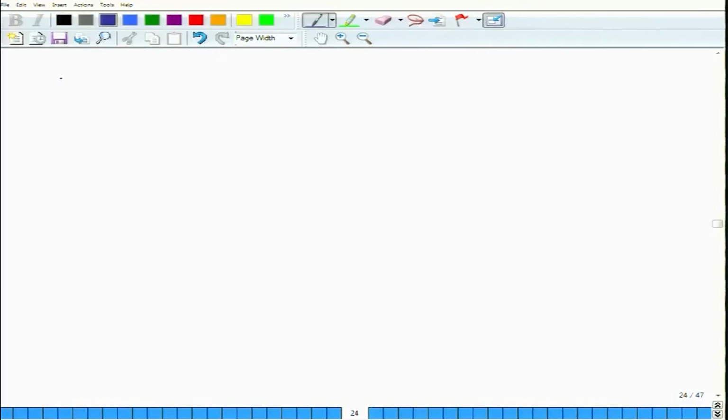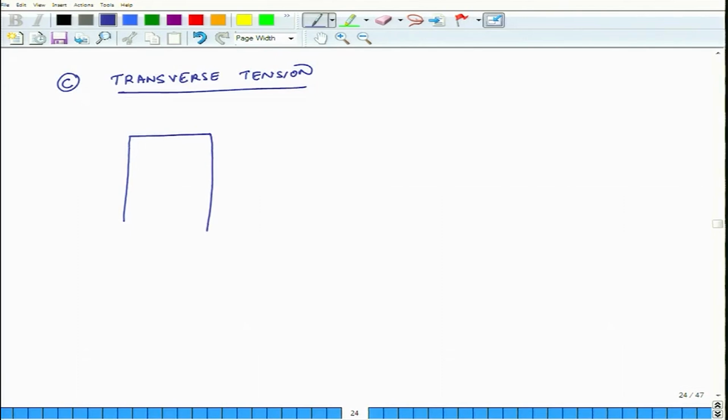So, the third one is transverse tension. So, you have a composite sample and I am applying some tensile load on it, but it is transversely oriented.